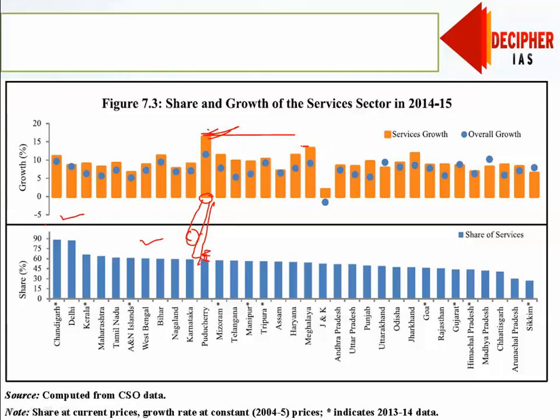Then the second number is of Meghalaya. Now if you talk about the share of services, Delhi has the highest share of services, but Chandigarh also has it, but it is a UT. If you talk about states, Delhi has the highest share of services. Then at the second number is Kerala, and at the third number is Maharashtra.